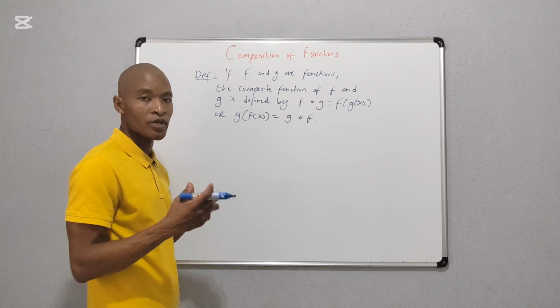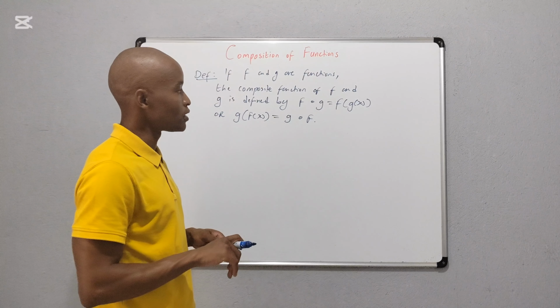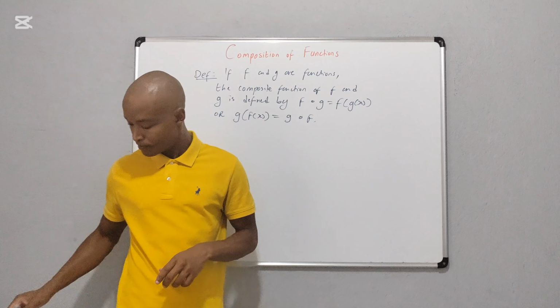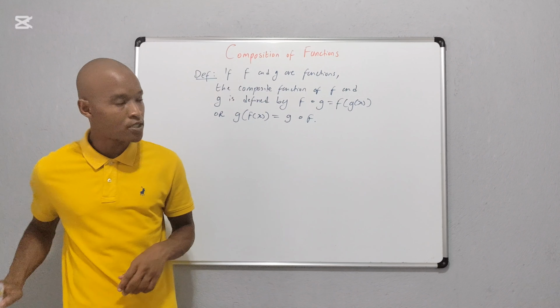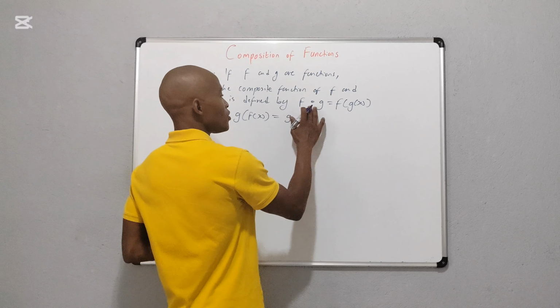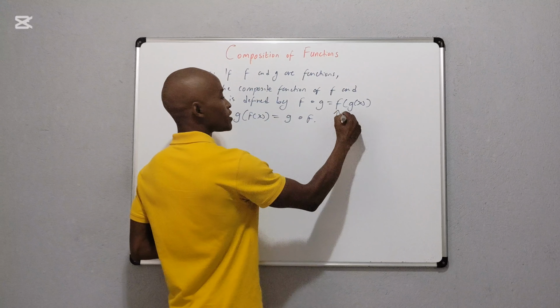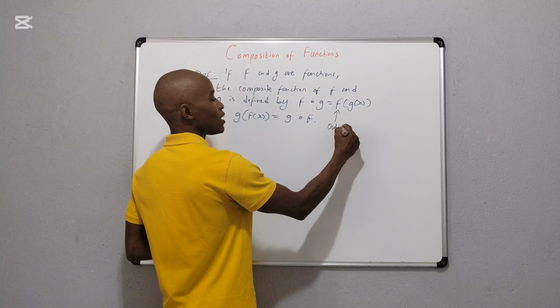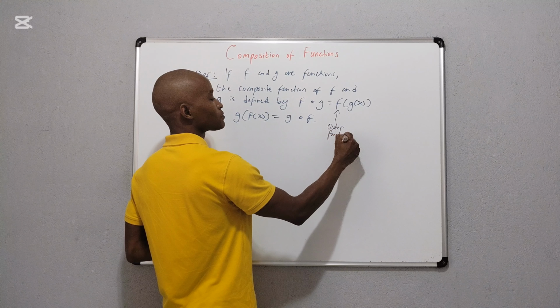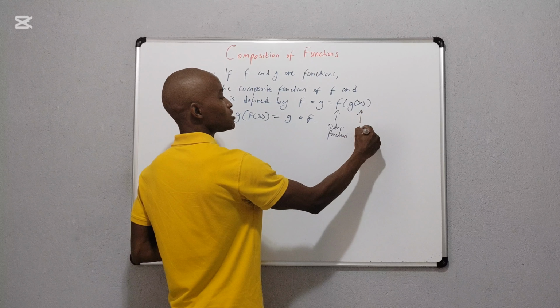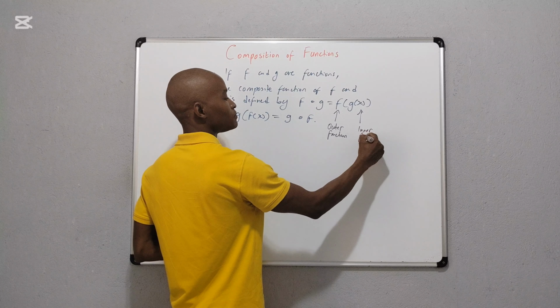I want us to just pick up two things from the two equations that we have indicated here on the board. F composed of g, we end up with f being what is called the outer function, and g is the inner function.